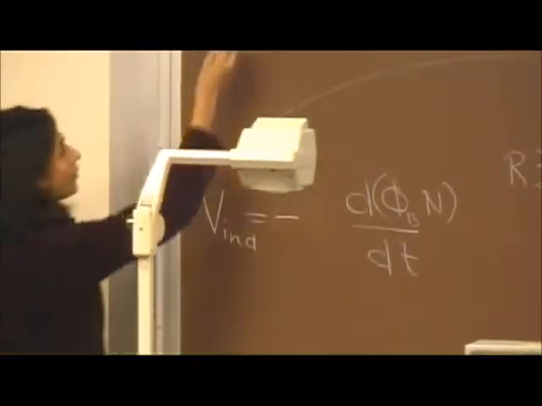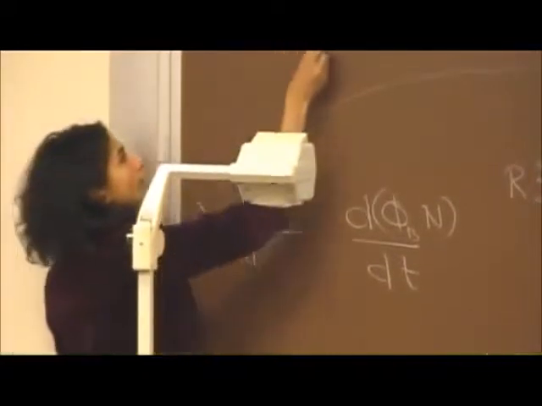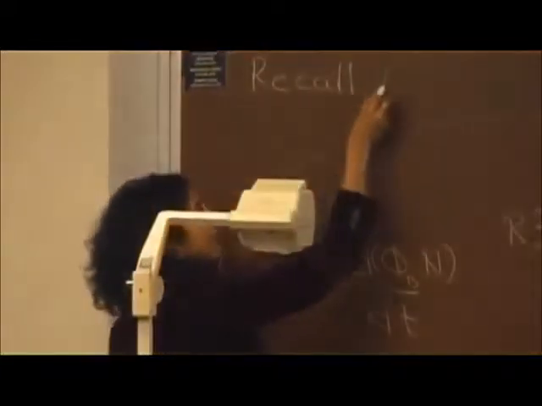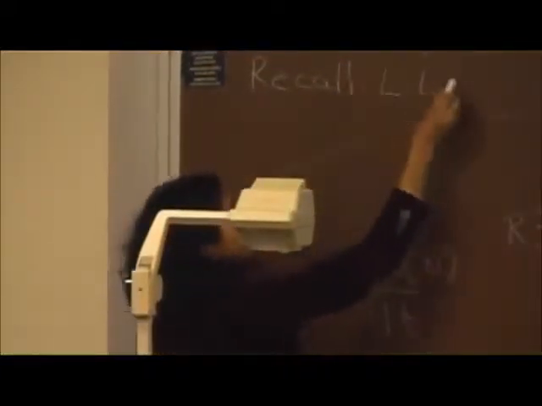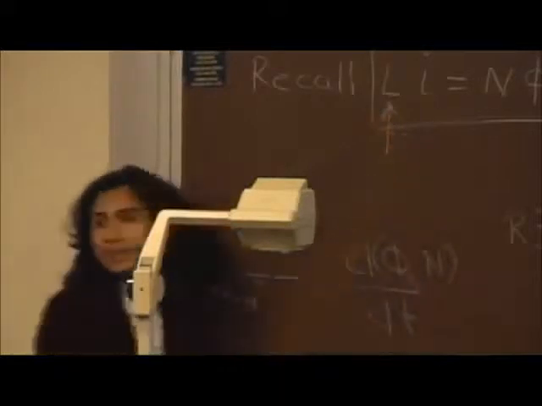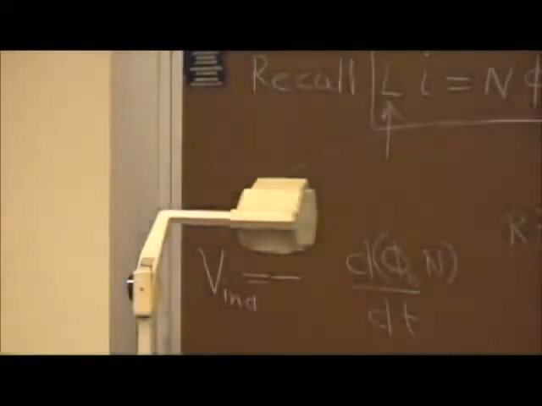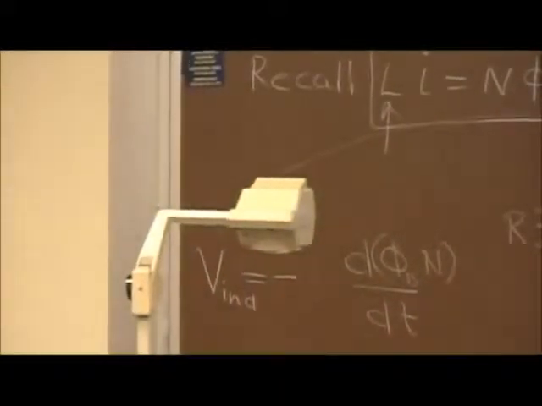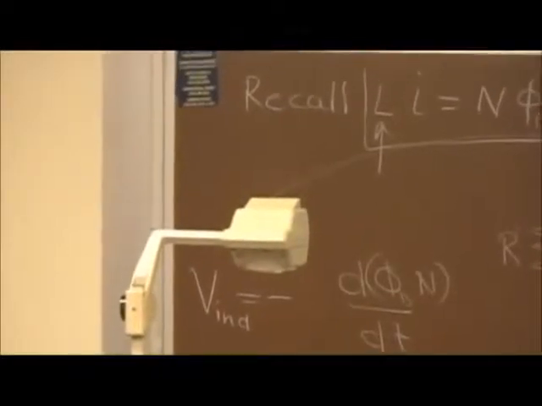Now if you recall from what we learned last time, L times I should be equal to N times phi. This is exactly the way the self-inductance was defined. This quantity called self-inductance of a coil or a solenoid or an inductor, all these things are the same thing.